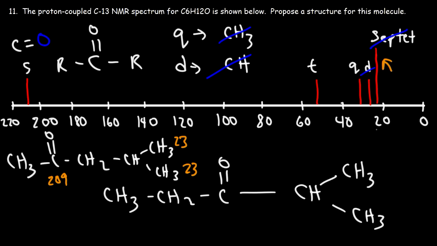Now the doublet, that's around 25. So that's going to be the CH carbon. And the triplet has to be the methylene carbon. So that's going to be at 53. And the quartet is the methyl carbon, which is at 30. So for this molecule, the numbers will be the same.